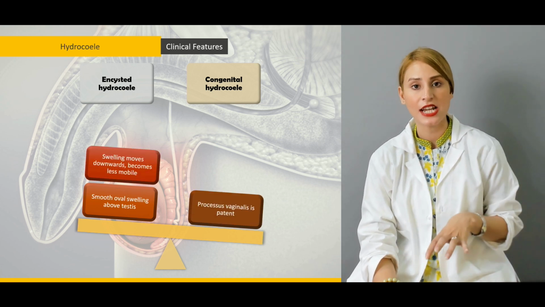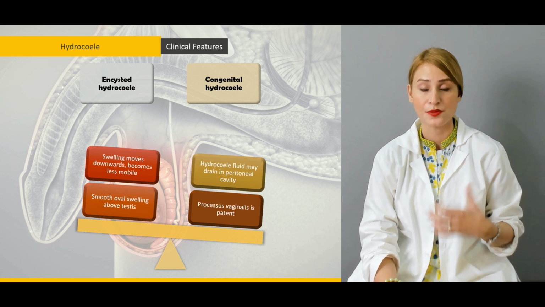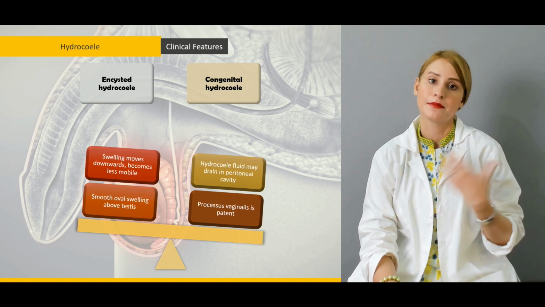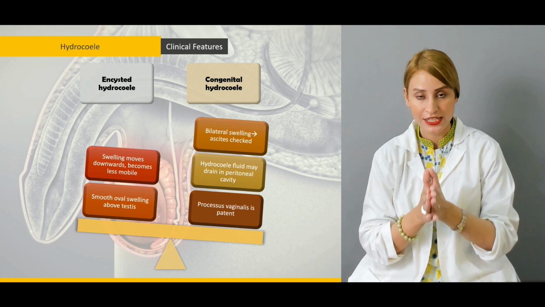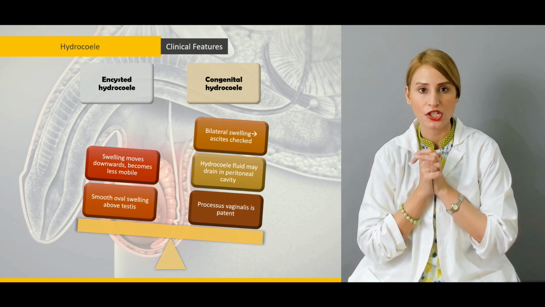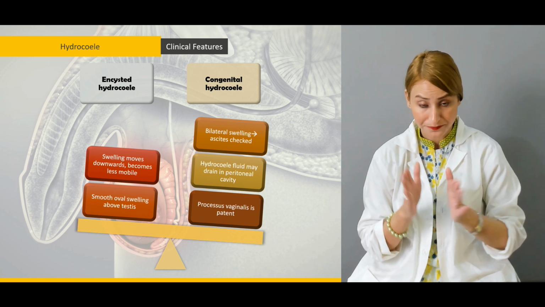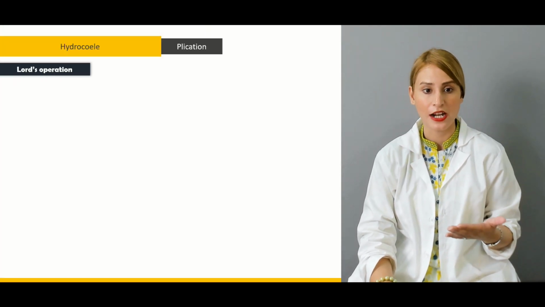In case of the congenital hydrocele, there is a patent processus vaginalis, called the PPV, so hydrocele fluid can be drained into the peritoneal cavity. For the congenital hydrocele, the swelling is usually bilateral, and you have to check for ascites as well. So these are the features associated with a hydrocele.